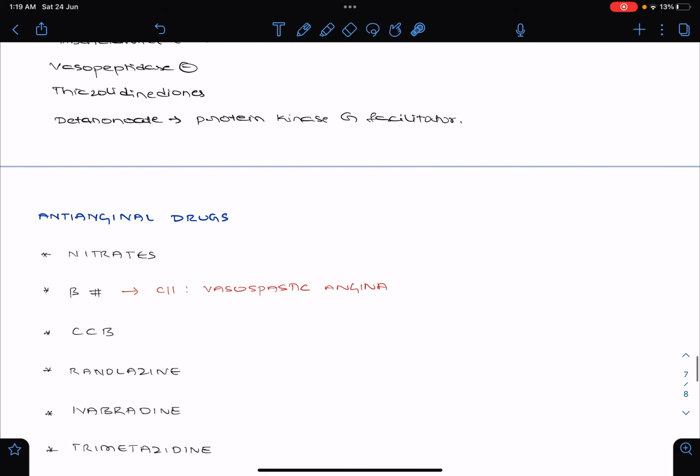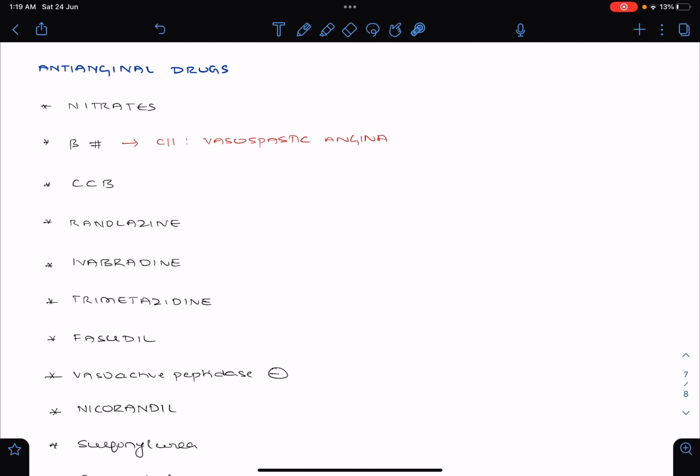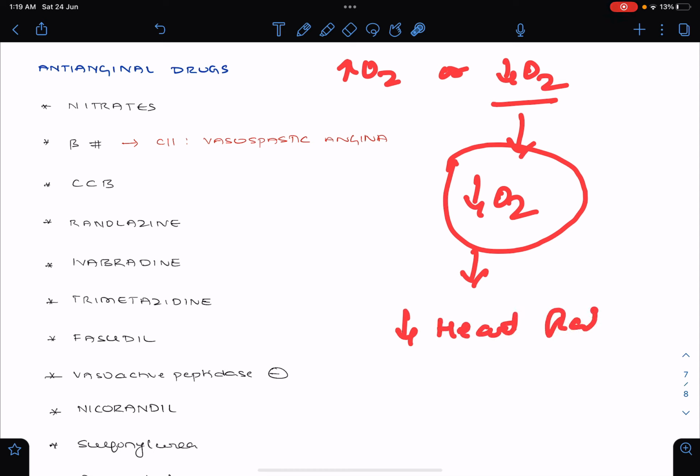So just to revise and summarize the anti-anginal drugs. Basically angina occurs due to the imbalance between the oxygen supply and the oxygen demand of the myocardium. So you need to either increase the oxygen supply or decrease the oxygen demand. Most of the time you are going to decrease the oxygen demand by decreasing the heart rate, the cardiac output, and the workload.